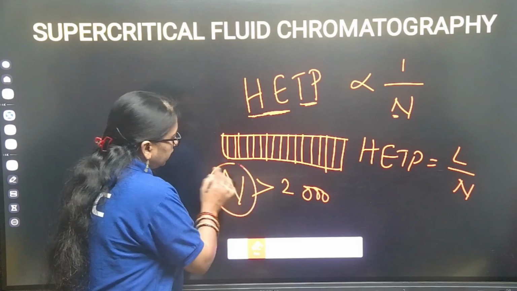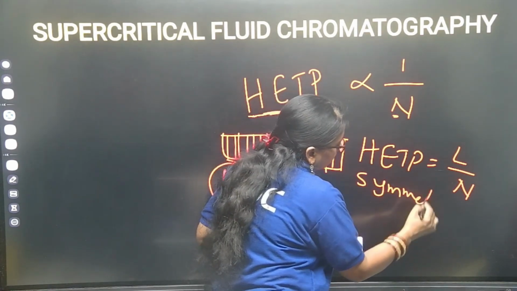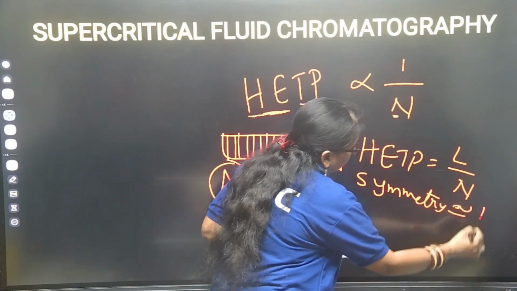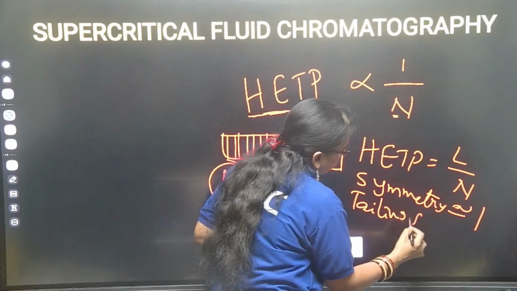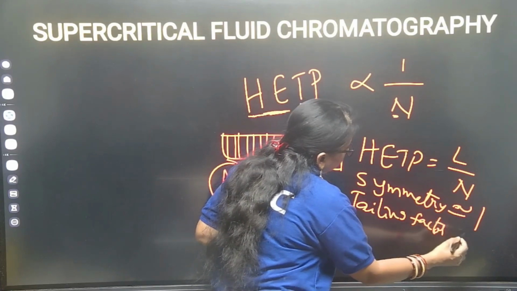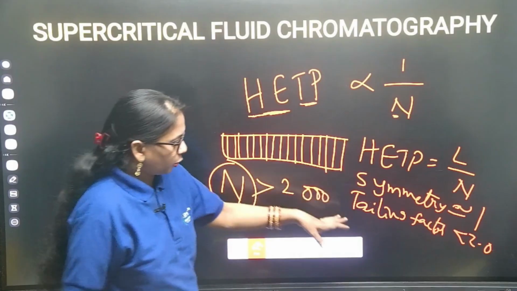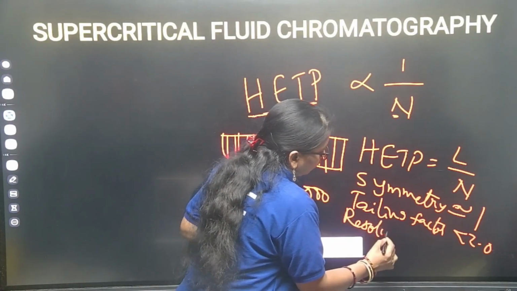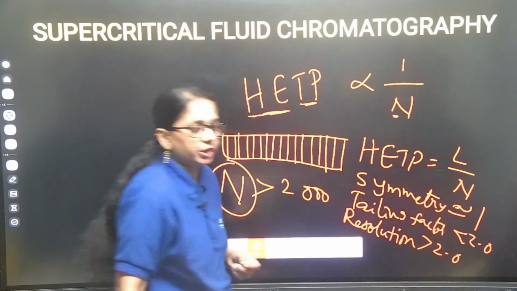Not only the number of theoretical plates, the symmetry of the peak is also going to be approximately equal to 1, as well as the tailing factor. All these factors play a very important role. Tailing factor should be less than 2.0, and when more than one compound is there, the resolution should be more than 2.0.